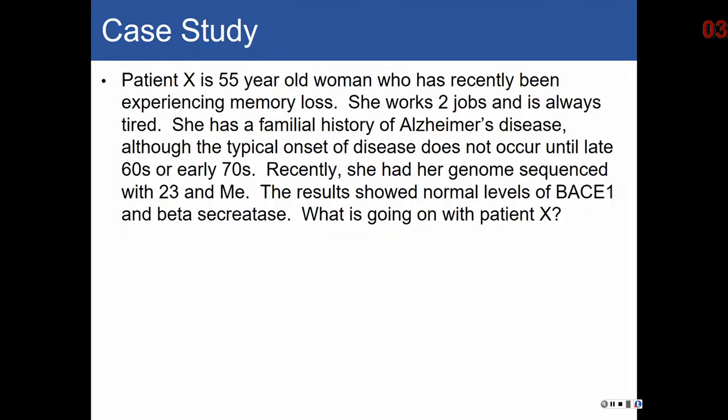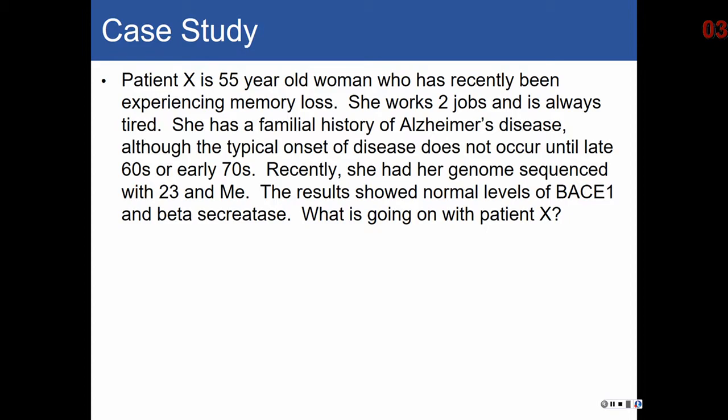So let's start with a case study. Patient X is a 55-year-old woman who presents recently because she's been experiencing memory loss. She works 2 jobs, is always tired. She has a familial history of Alzheimer's disease, although typical onset of the disease does not occur until late 60s or early 70s. Recently, she has had her genome sequenced with 23andMe.